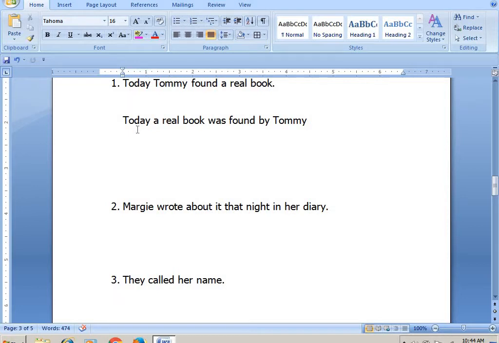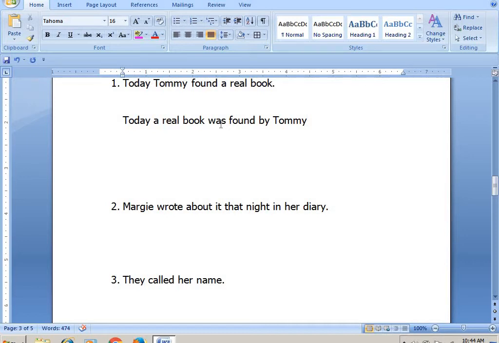Today remains in the same place. Found was the verb, but subject becomes object and object becomes subject. Found is in the past tense, so we wrote found. I suppose you are with me. You understand what I have done? Today a real book was found by Tommy.